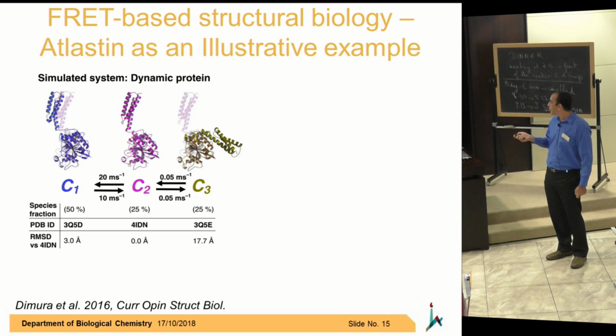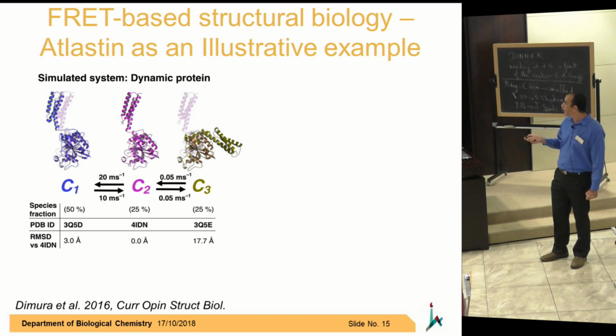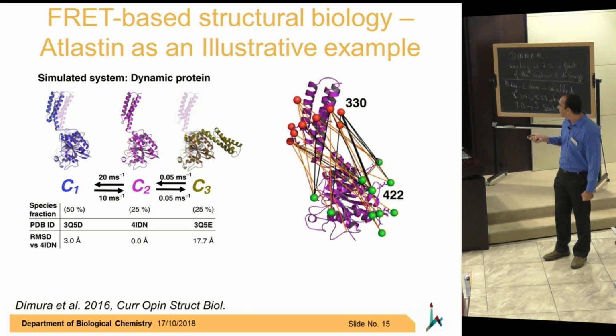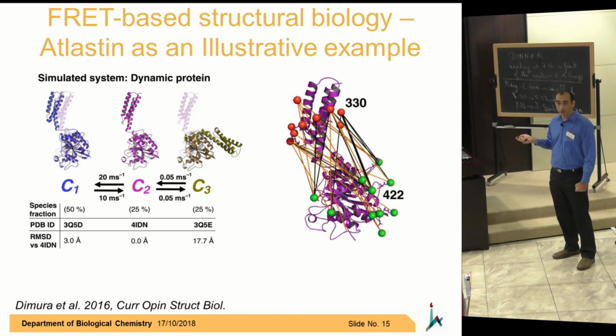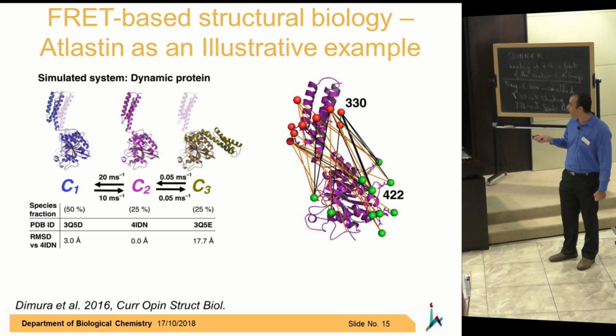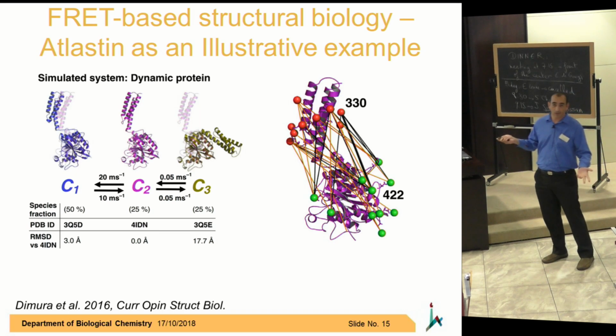But look, this protein, already from the PDB, is known to exist in at least 3 different conformations. And indeed, doing this mapping, a lot of experiments have been put here, basically maps back not only the structures, but also their abundance and rate constants.